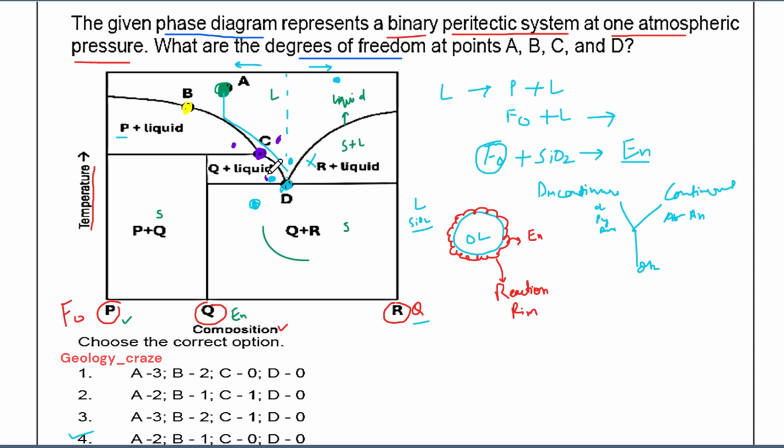Now we are moving down along this curve and reach point D. All our phosphate is consumed, so now we are not getting reaction texture in the rock.